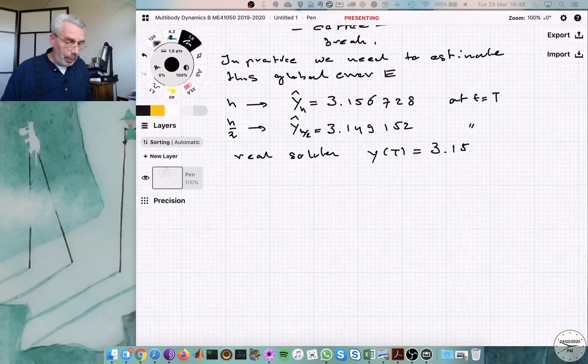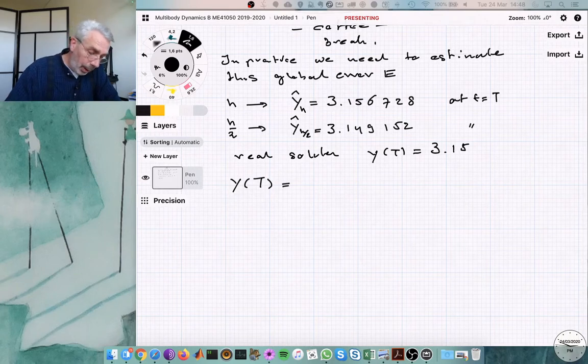The systematic way goes like this. We say that the solution at that time t, the real solution, is the approximate solution at that time, plus something that has to do with a step size to some power, and a constant.